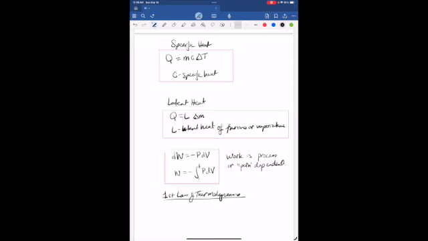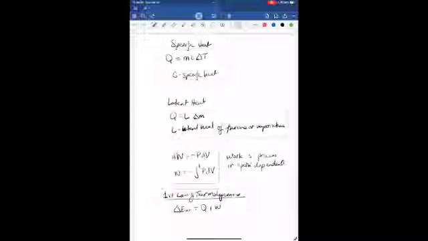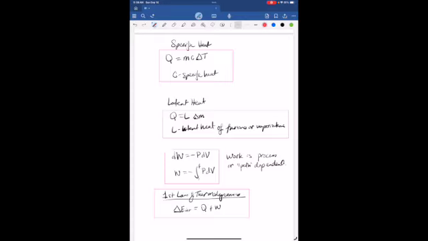If the internal energy of a system changes, that change is equal to the amount of heat going into the system plus the amount of work done on the system. Both of these are the amount of energy going into the system, and of course, if energy goes into the system, then the internal energy increases by the same amount. So this is just a law of conservation for thermodynamics: the change in internal energy equals the heat absorbed plus the work done on the system.